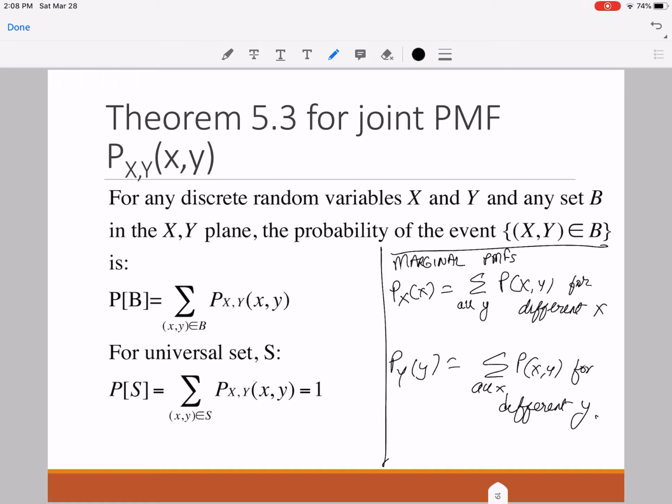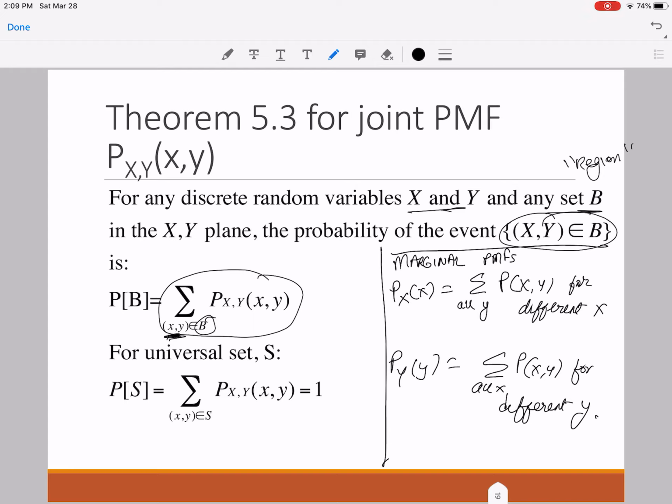So now, to find the probability that x and y belong to any set B, I need to add the joint PMF for those values of x, y, for those coordinates that belong to this region B. So now B is a set, but it's better visualized as a region. So now B is actually a region.